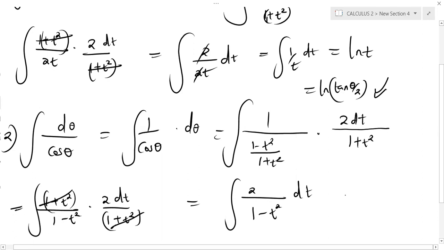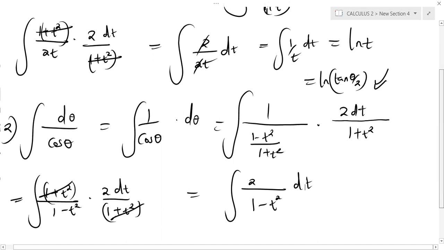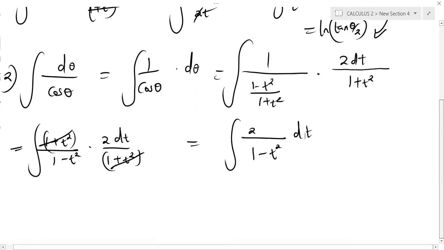Okay, and then integrating that, what do we get? So evaluating the integral of this, in order for me to evaluate this integral, I can write this in its linear form.